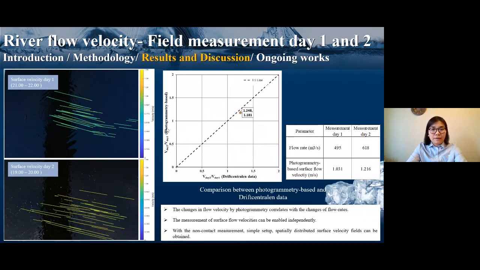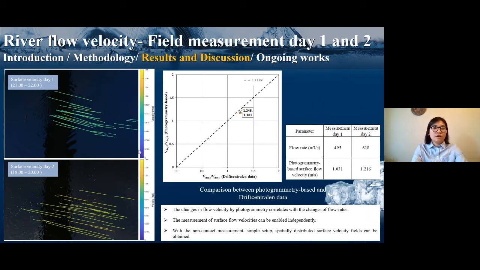It could be said that the trend in the flow velocity between day 1 and day 2 correlates with the trends of flow rate.